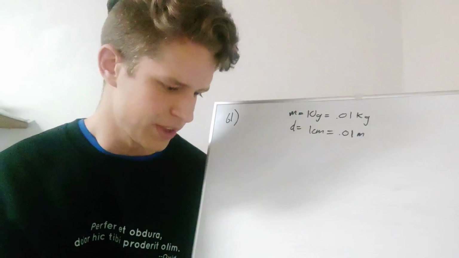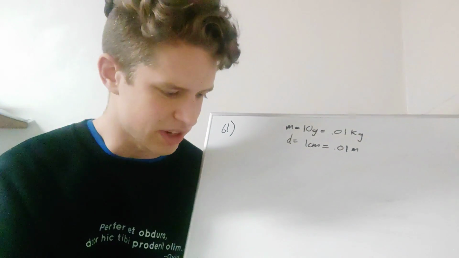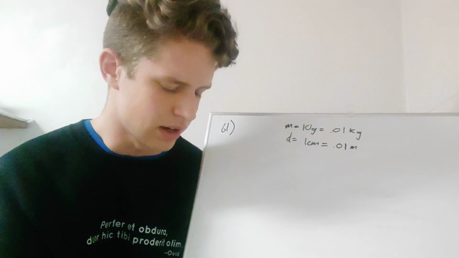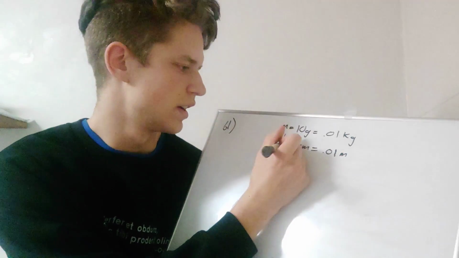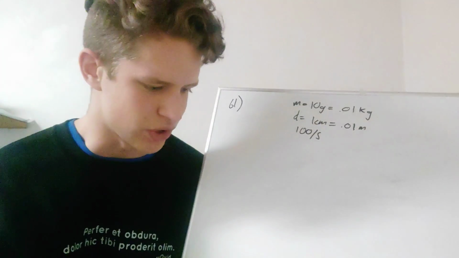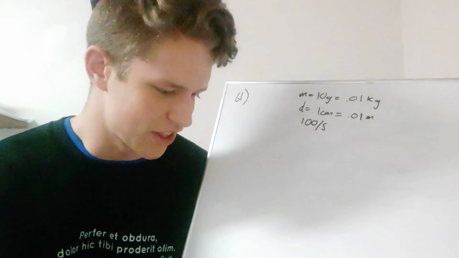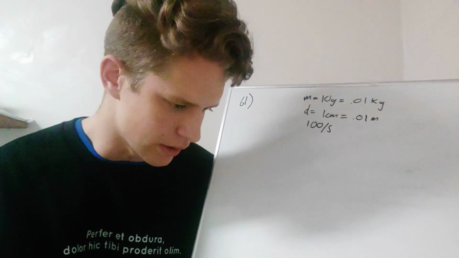And then the number of times it does it, we'll just put 100 per second. I'm not really sure how to do that otherwise right now. I think that is all we are given.